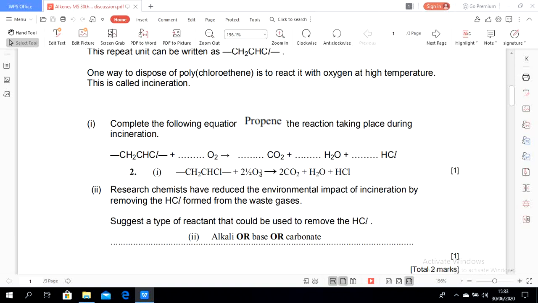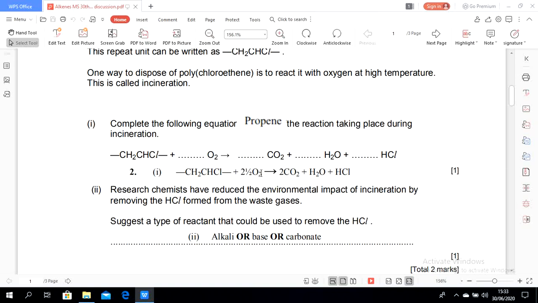And then the research chemists have reduced the environmental impact of incineration by removing the HCl formed from the waste gases. Suggest a type of reactant that could be used to remove HCl. HCl is an acid, so it can be removed by reaction between acid and base, or acid and alkali, or acid and carbonate.